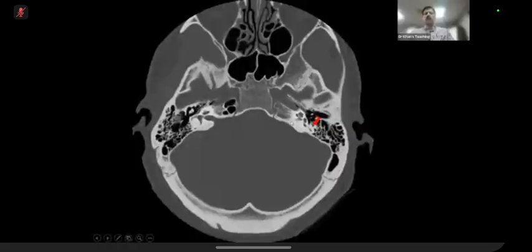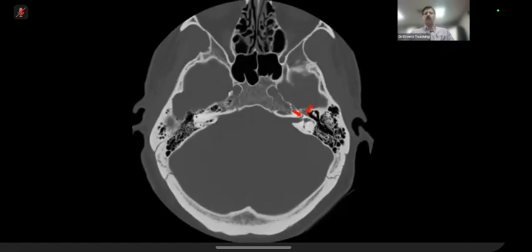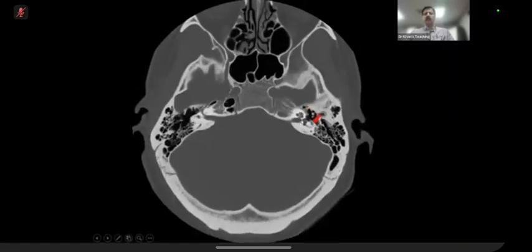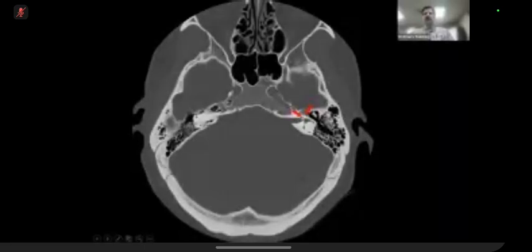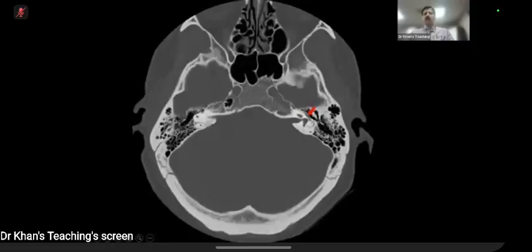Now, as I'm going superior to the level of the cochlea, once again I go inferior. What we are doing right now is to trace the facial nerve. This is the cochlea. I'm going superior to that. And you can see that there is a canal here, and this is the labyrinthine portion. And it goes here, and this must be the geniculate ganglion. And then you can see that something goes posteriorly.